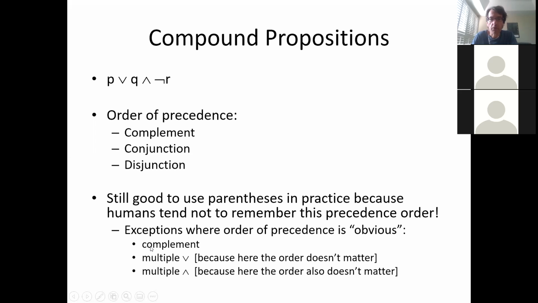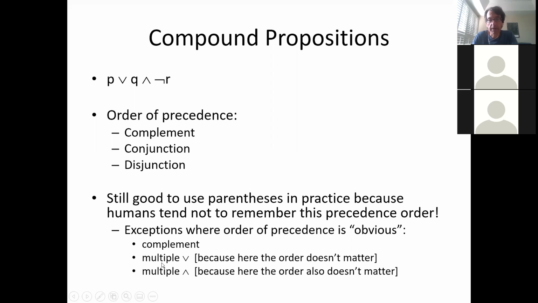For example, complement precedence is what people are supposed to remember. So when you write this, you don't have to put brackets here. On the other hand, when you write not and some expression, it would be much better for you and anybody else if you put not and then brackets, because then you override the natural order, right? So you can write not Q here without putting the not Q in parentheses.